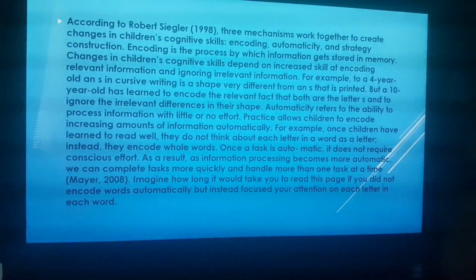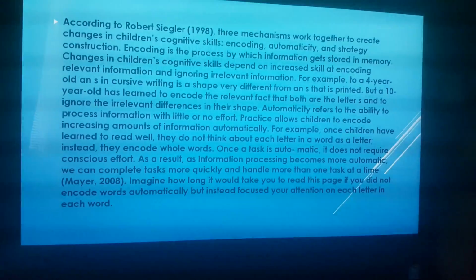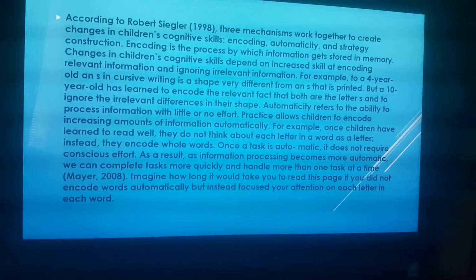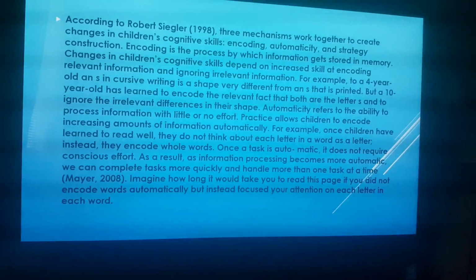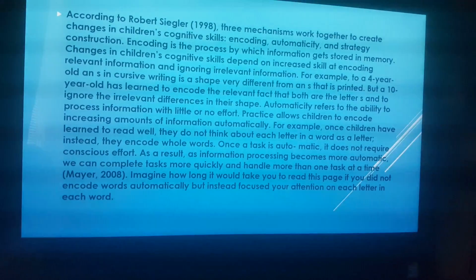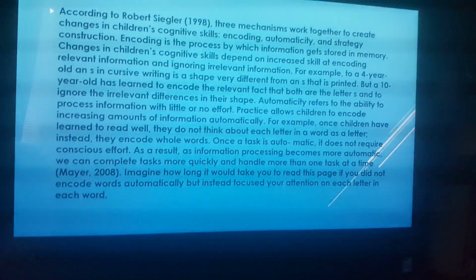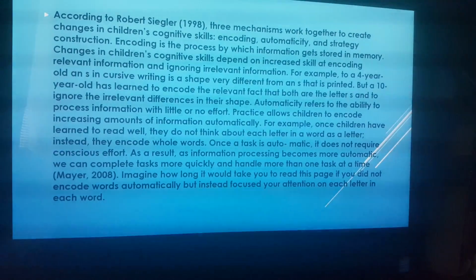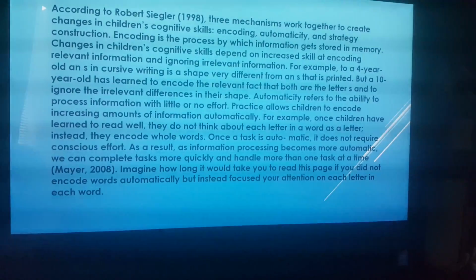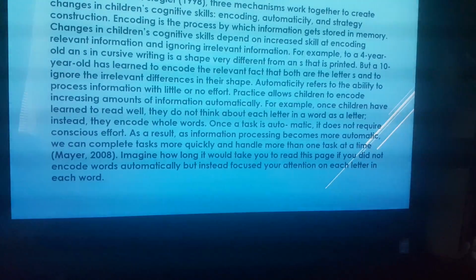According to Robert Siegler, three mechanisms work together to create changes in children's cognitive skills: encoding, automaticity, and strategy construction. Encoding is the process by which information gets stored in memory. Changes in children's cognitive skills depend on increased skill at encoding relevant information and ignoring the irrelevant information.